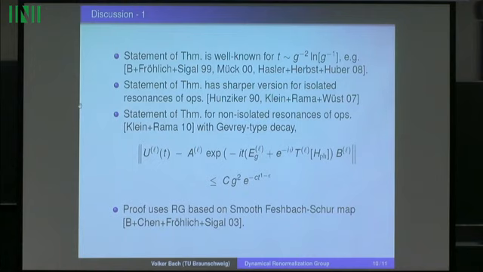And Klein and Rama have actually also studied a model of the type I'm discussing here, the spin-boson type. And they, however, aim at a different type of decay estimate, namely the type of decay they obtain is of Gevrey type.